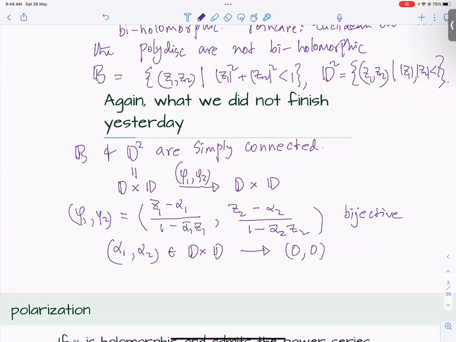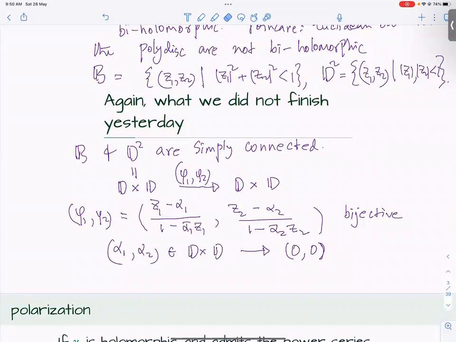In other words, among all automorphisms of the bidisk, there is a set that acts transitively, meaning any arbitrary point goes to 0, 0. Anyway, these are the things about the ball and the bidisk. When you restrict to n equal to 1, both of them just become the disk.